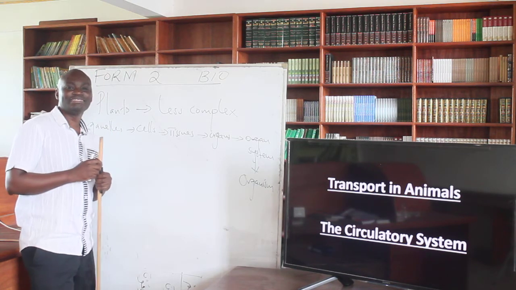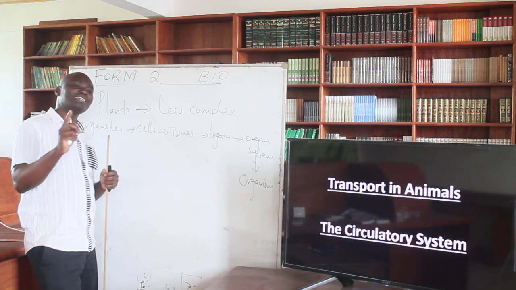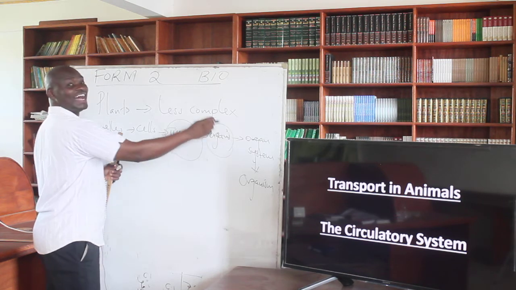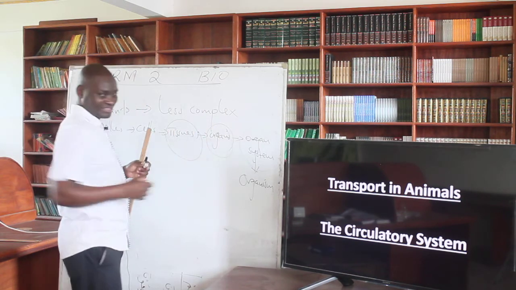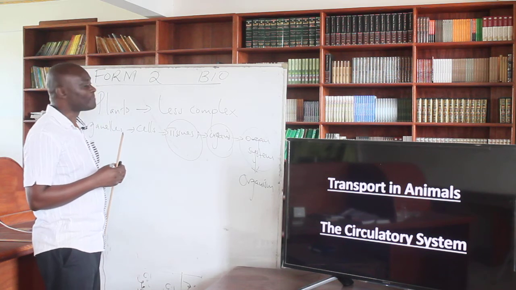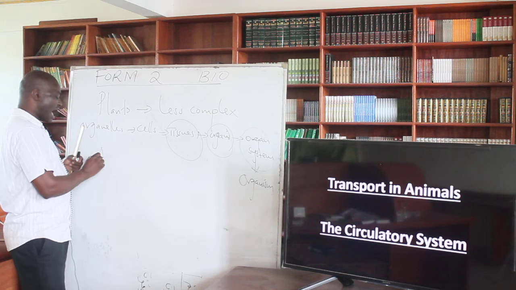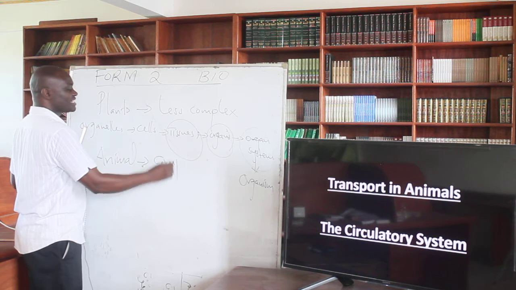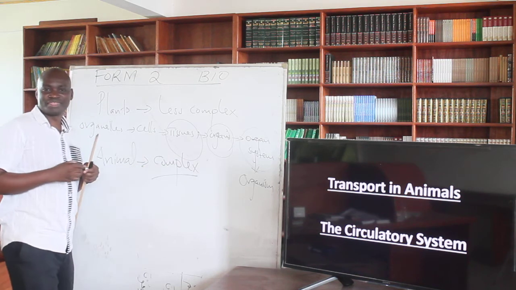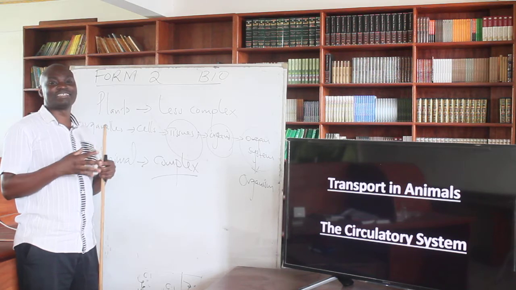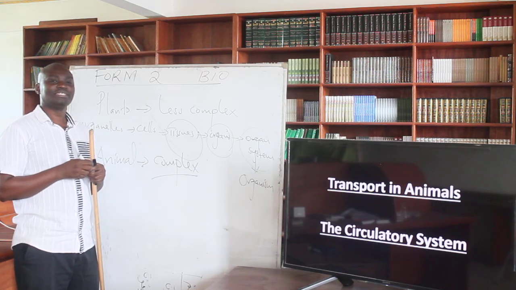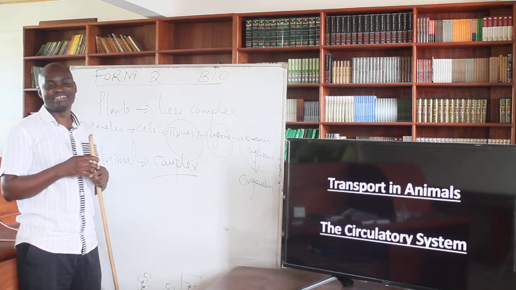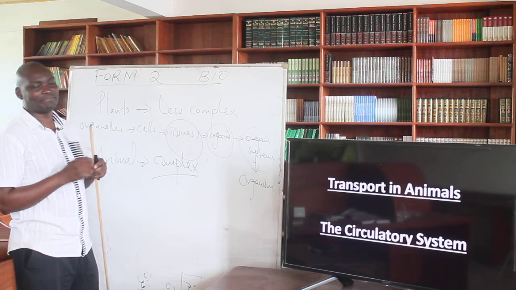All those are systems within the body. Plants have fewer tissues, fewer organs and even fewer organ systems. Their body is less complex as compared to animals. Animals have a more complex body system, which means the movement of substances from one part of the body to the other requires a complex system.